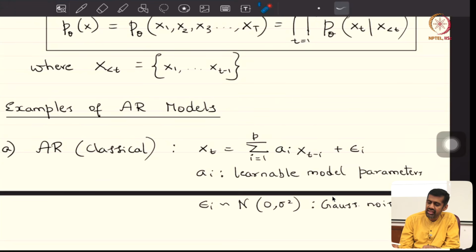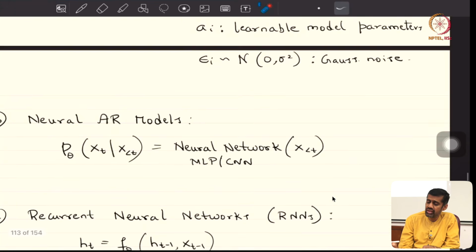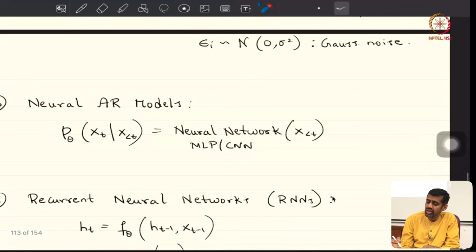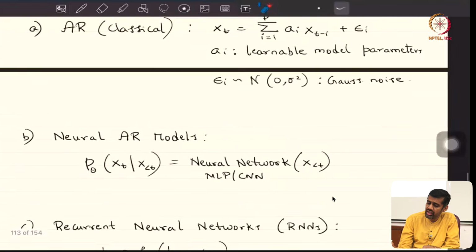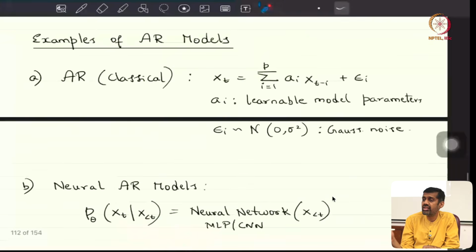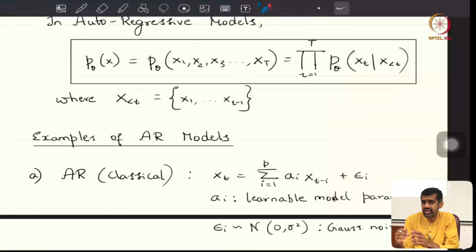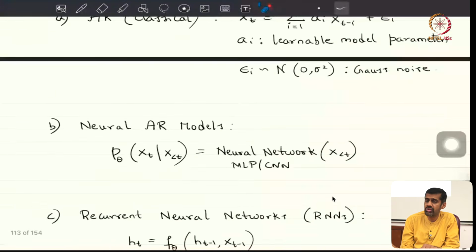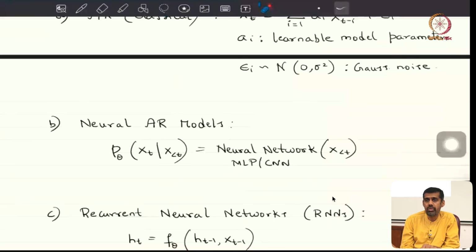And there are neural auto-regressive models where each of these constituent distributions here, p theta of xt conditioned on everything that is before t, each of those distributions are modeled using neural networks. So, this is where neural language models come in, and by the way these are also called language models.